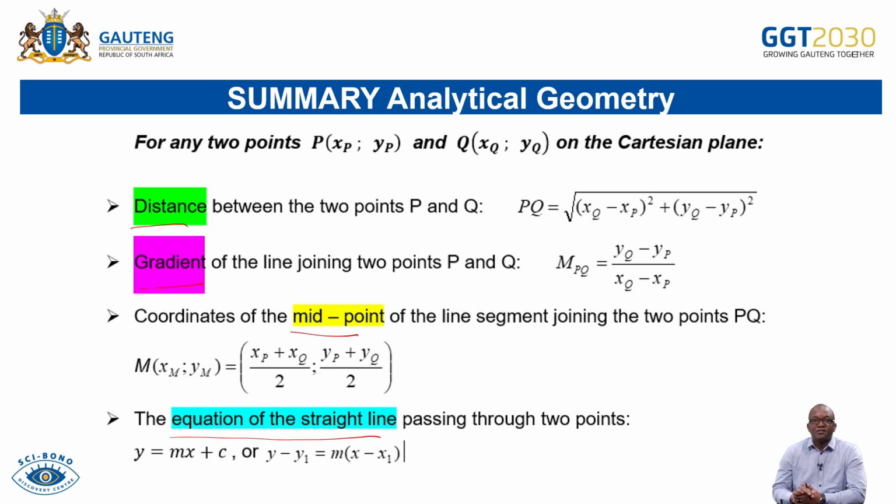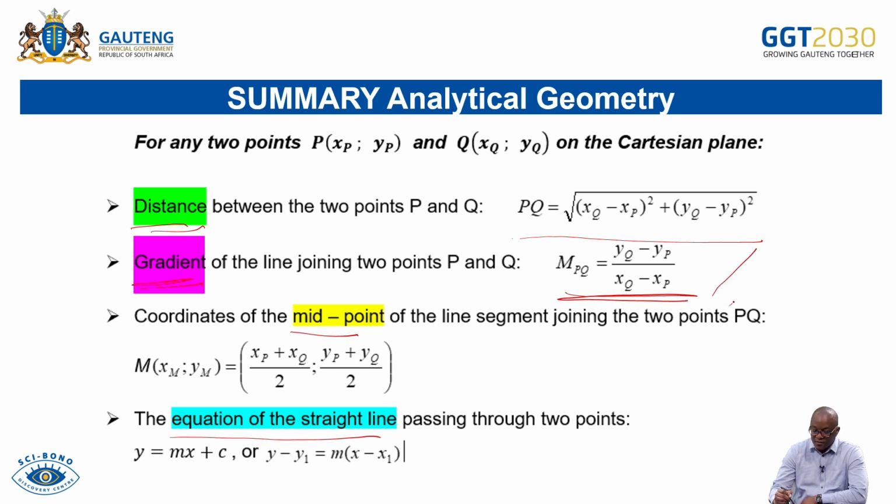But the basics is for any 2 points, which is P and Q, on a Cartesian plane. When you have any of the 2 points, you can calculate the distance using the formula there. And also the gradient, you have the formula for the gradient.